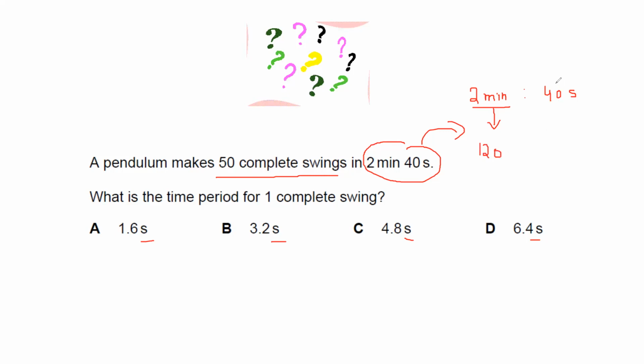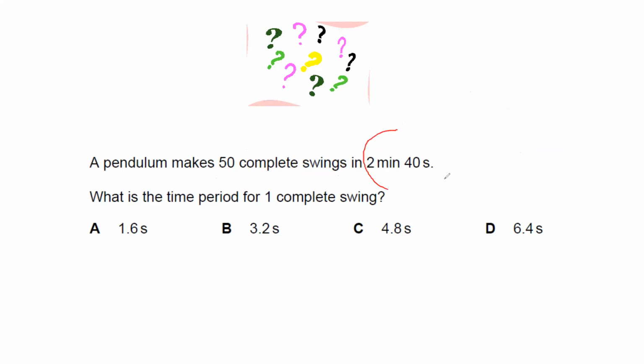And because it is 2 minutes and 40 seconds, so 120 plus 40. So the total number of seconds here will be 160. So 160 seconds are there in 2 minutes and 40 seconds.